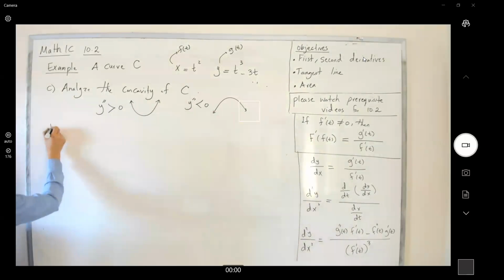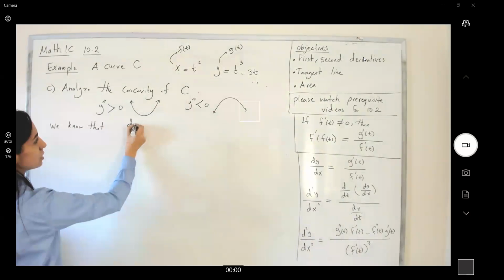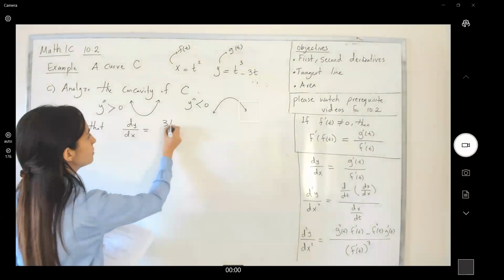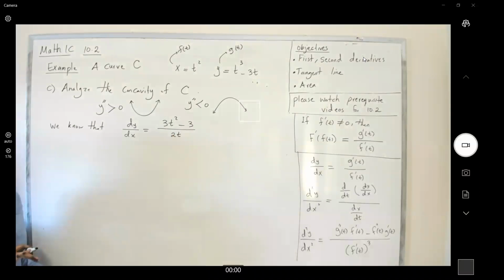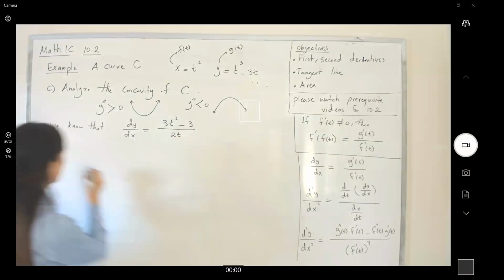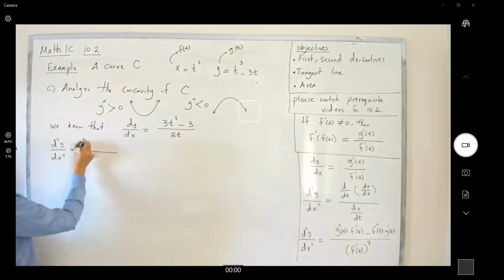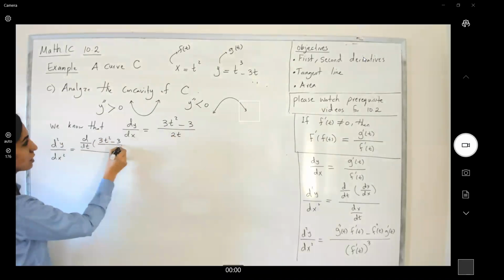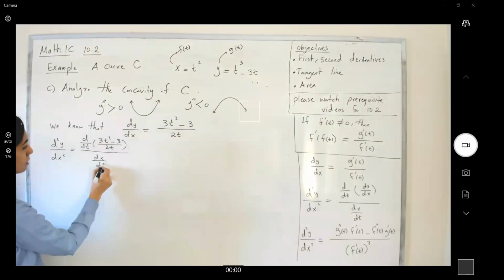We already know that the first derivative, dy over dx, is defined as (3t squared minus 3) divided by 2t. Now we have to take the second derivative. Let's follow the formula. The second derivative is equal to d/dt of the first derivative, (3t squared minus 3) divided by 2t, divided by dx over dt.